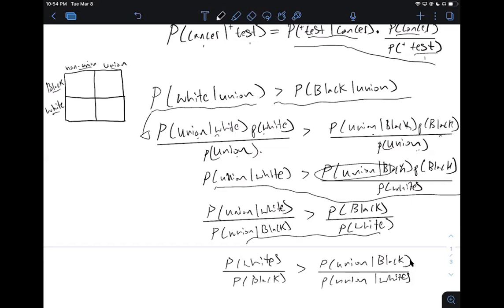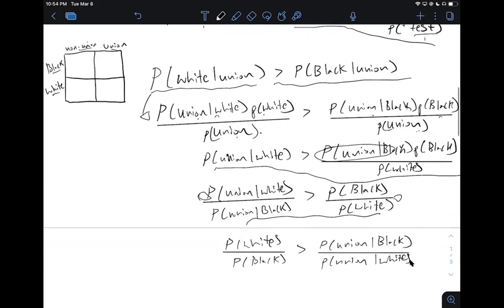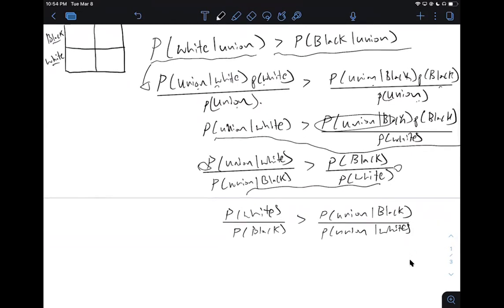And then finally, we just do a tiny bit more rearrangement to make this a little bit more aesthetically appealing. So we multiply both sides by the reciprocal of this, and we multiply both sides by the reciprocal of this. And we end up with the statement that the probability of being white over the probability of being black has to exceed the probability of being a union member given that you're black over the probability that you're a union member given that you're white.